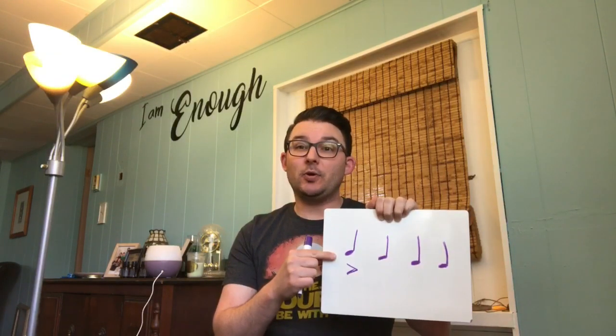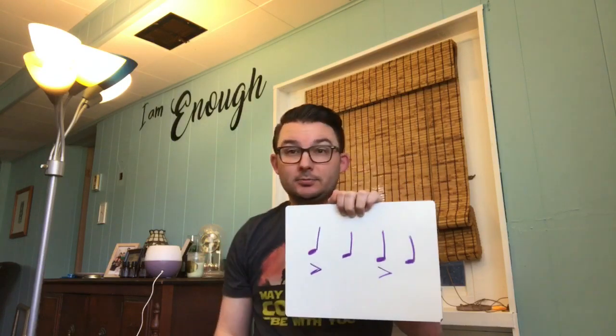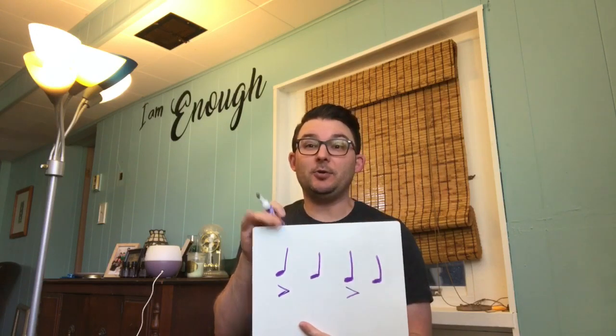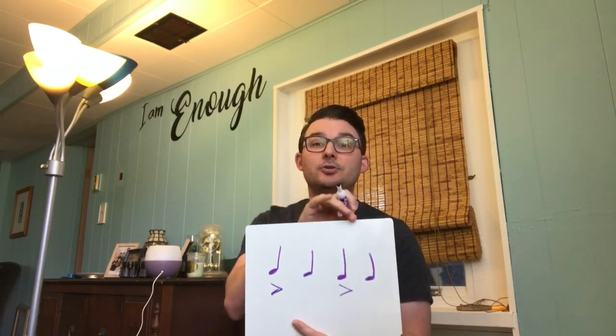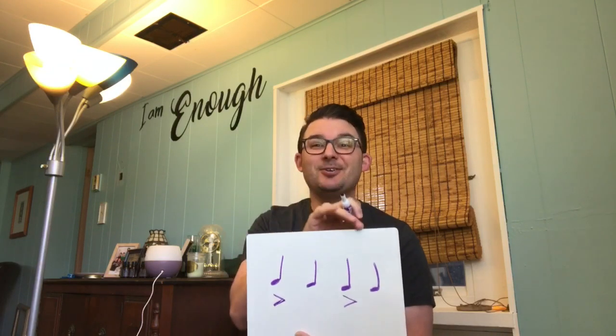And an accent means that that heartbeat is going to be a stronger heartbeat. So we might have a pattern like this, which would be strong, weak, strong, weak. Okay? Let's try that a few times. Here we go. Strong, weak, strong, weak, strong, weak, strong, weak.